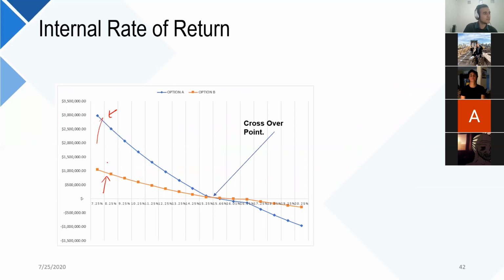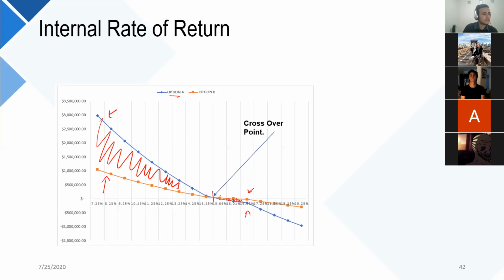And all of this here is what you earn extra when you invest in option A. All right, but there is a point here, the crossover rate, at which project B is actually better than project A. From this point onward, it is actually better for you to have invested in option B than in option A.